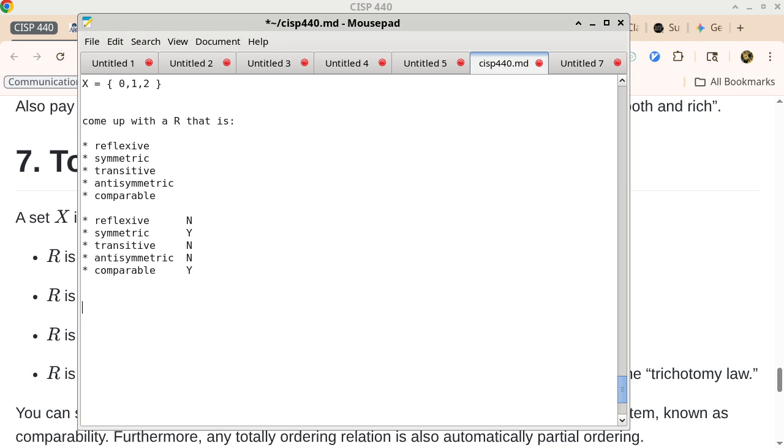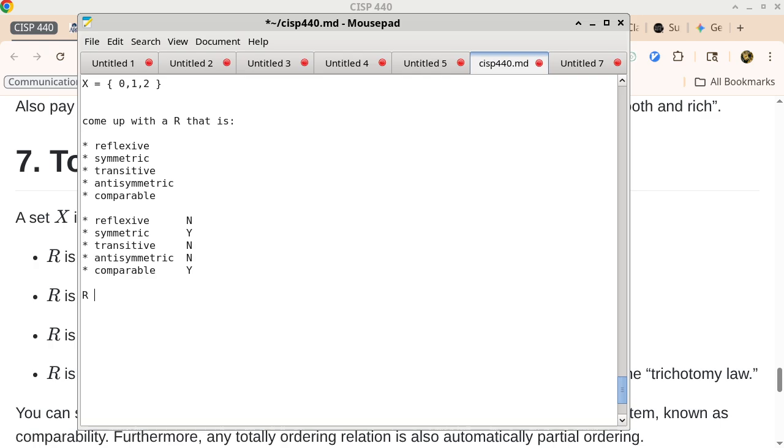We also want it to be symmetric, so if it relates in one way, it has to relate in the other way too. It is not antisymmetric, so that's good. It is not transitive, so we don't want it to be transitive. That part is still good too, and it is not reflexive. So I think this is actually possible. We'll give this a try and see if that works.